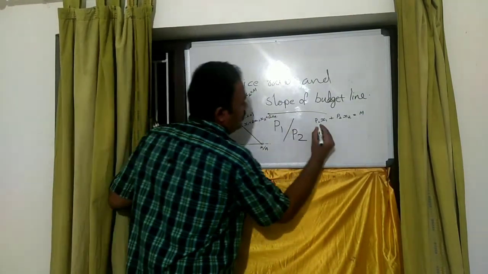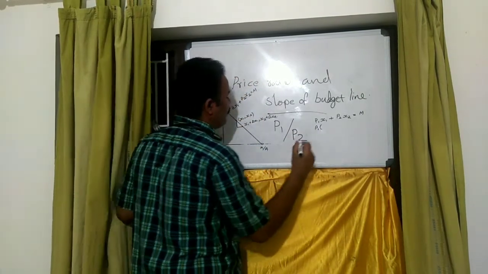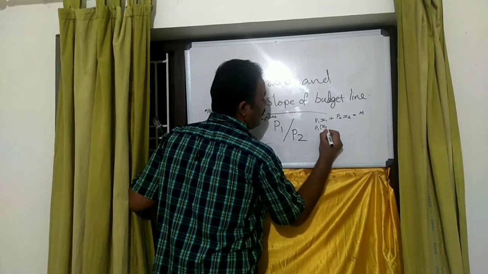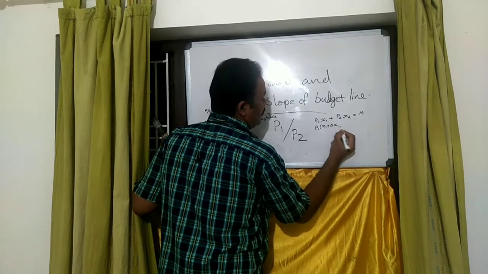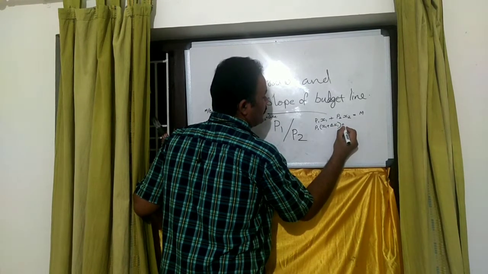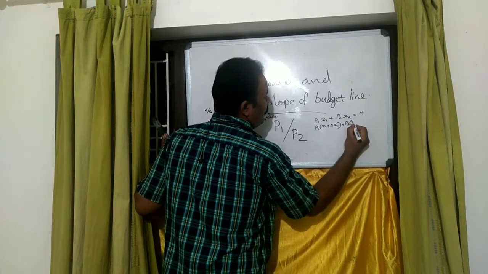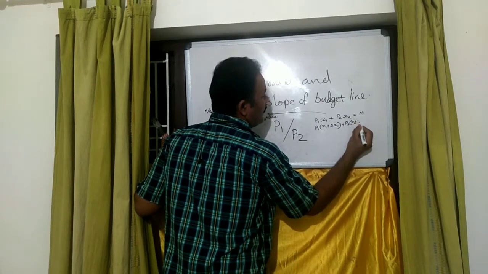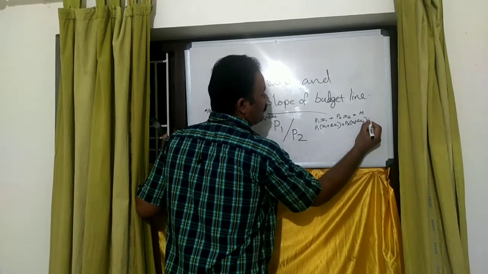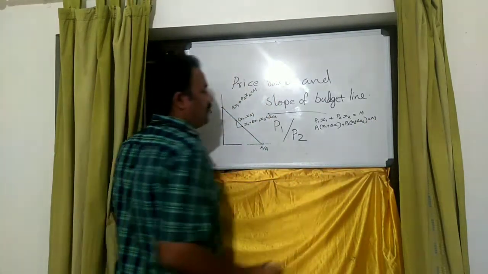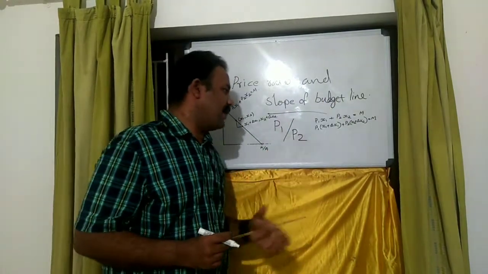If we include these changes here, then P1 (x1 plus delta x1) plus P2 (x2 plus delta x2) is equal to m. The equation for the budget line is P1 x1 plus P2 x2 is equal to m.